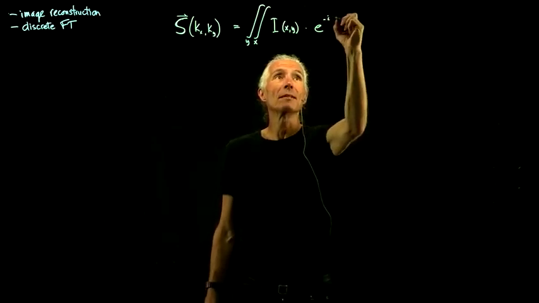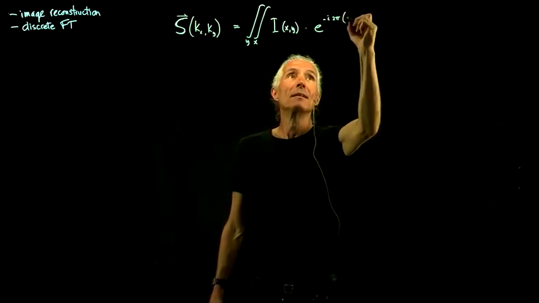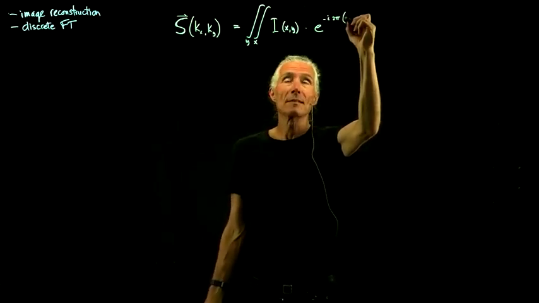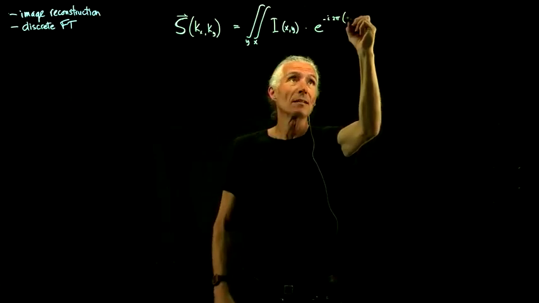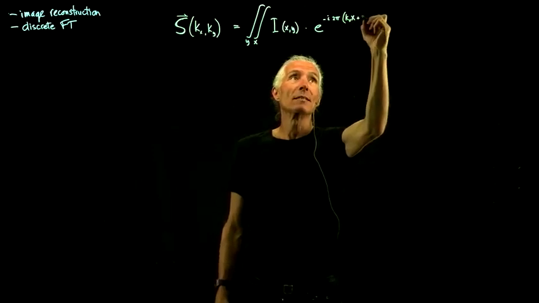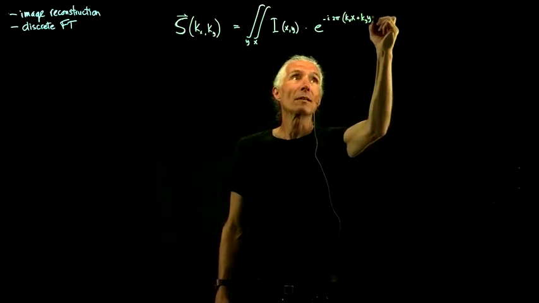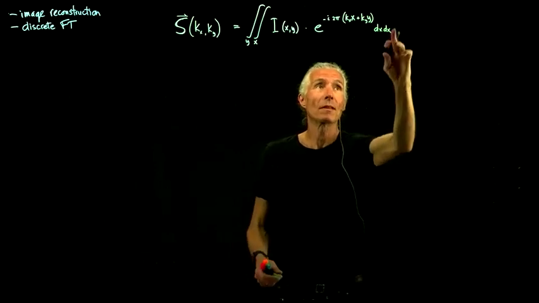So this is minus i 2 pi, adding the exponents instead of multiplying the e to the minus i's: whatever the kx is times the x coordinate plus whatever the ky is times the y coordinate. And then we're summing across all x and y.